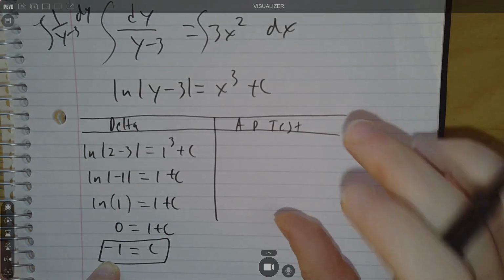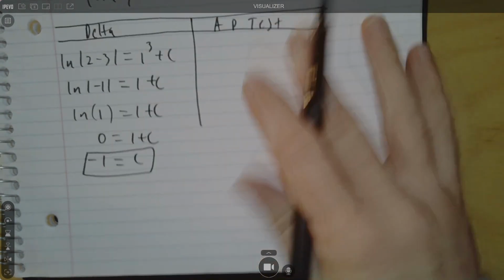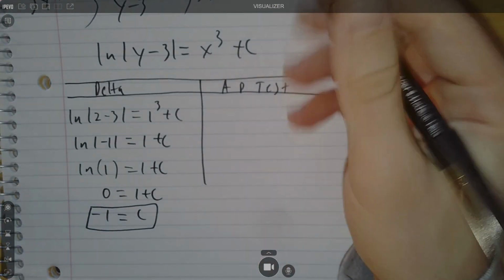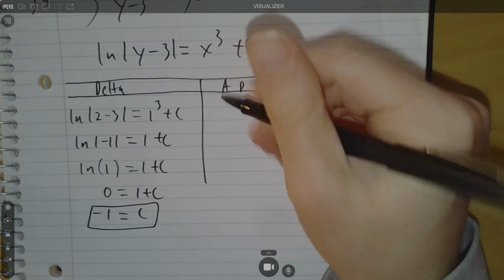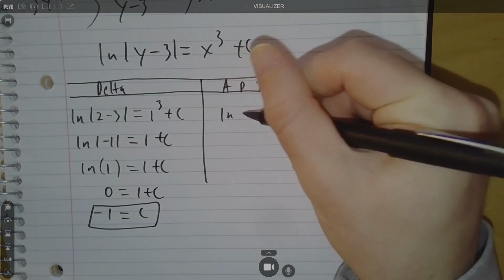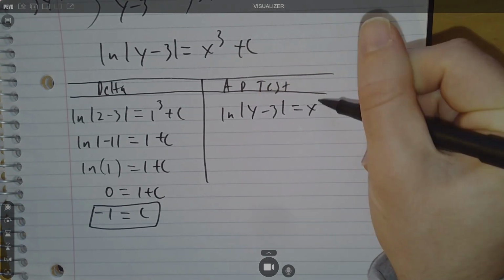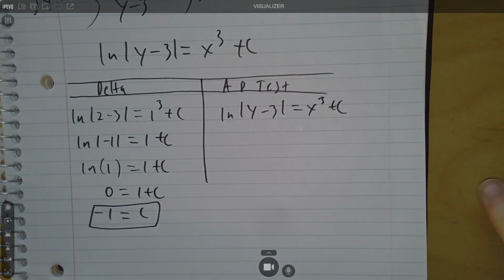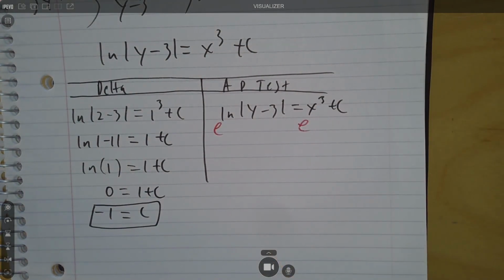The way that the AP test likes it is at this point they actually exponentiate. They don't solve for c right now. What they do is they say, okay, we'll do it like this. ln y minus 3, I'm just going to rewrite it, equals x to the third plus c, and they will exponentiate at this point. So say e to the power of, and these will cancel.